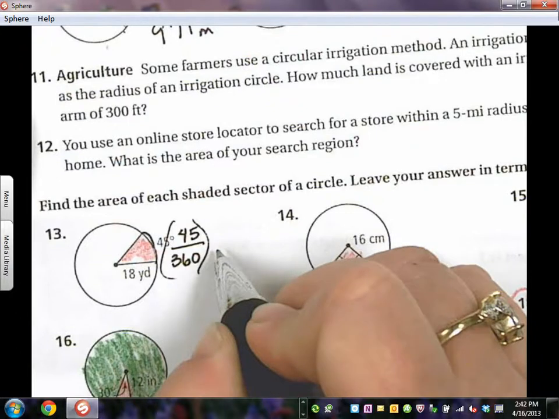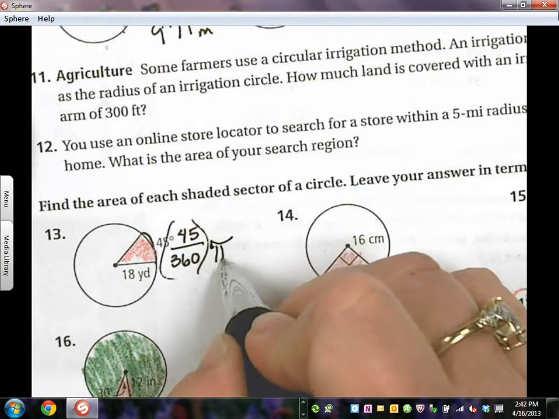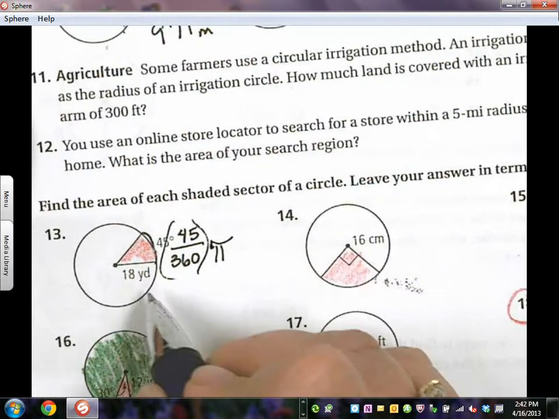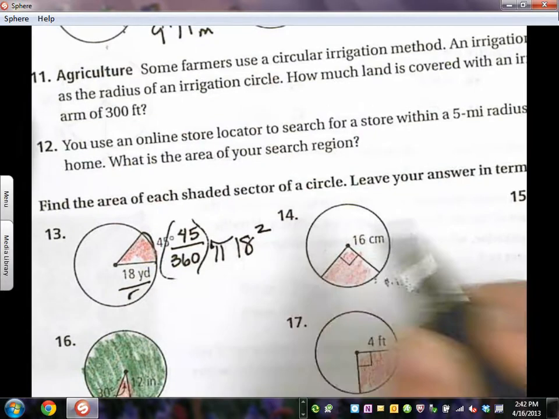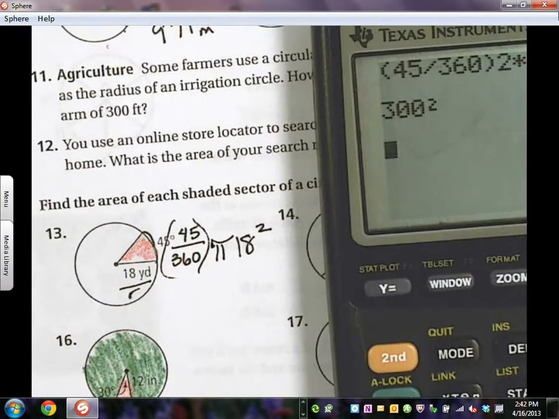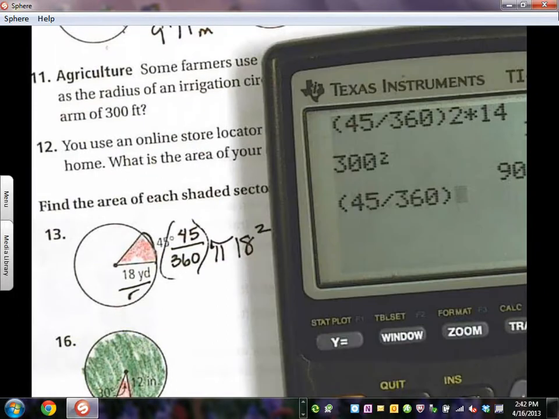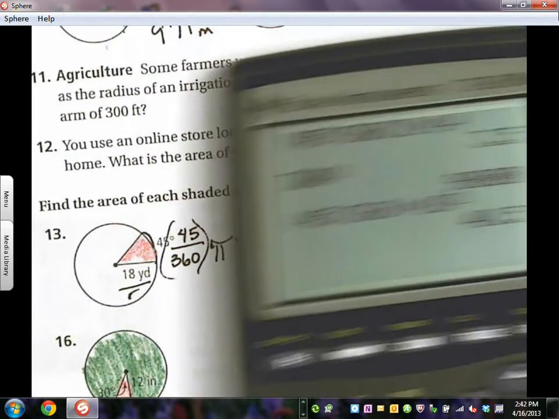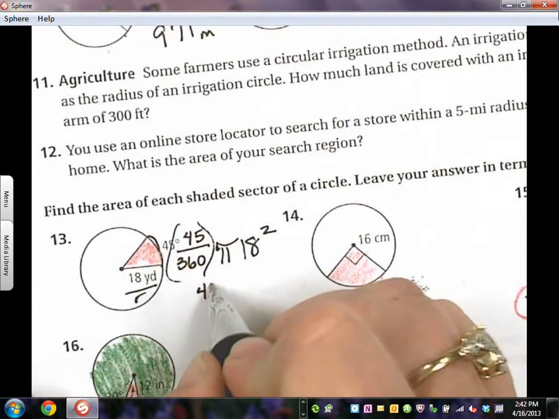And then I know my formula for area is pi r squared. Well, my r is 18. So 18 squared. So in our calculator, we're just going to put in our numbers. In the parentheses, I'm going to put 45 divided by 360 and close it, times 18 squared. My answer is 40.5 pi.